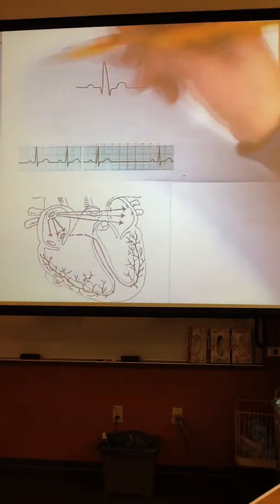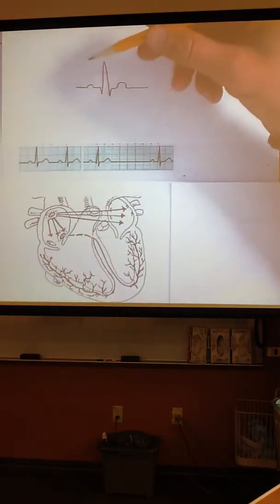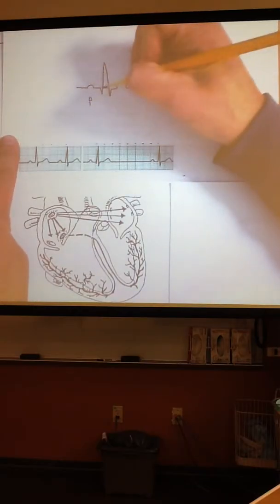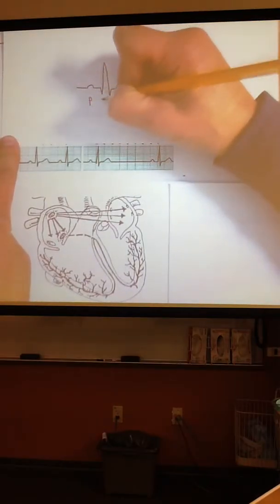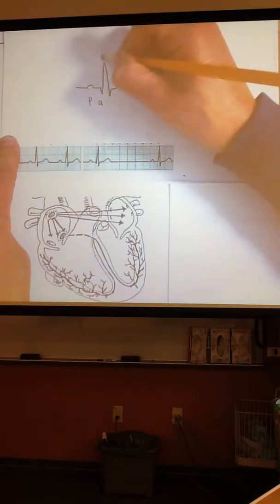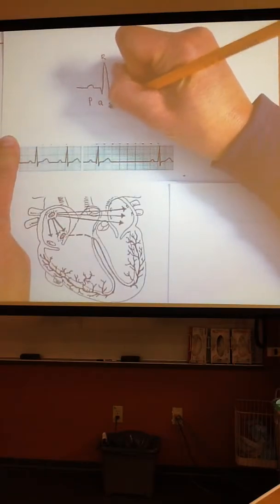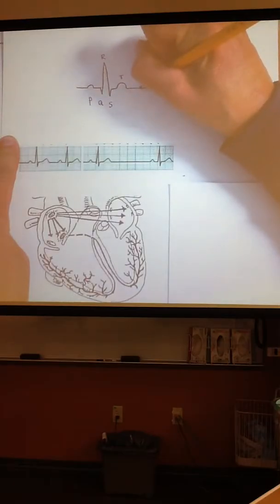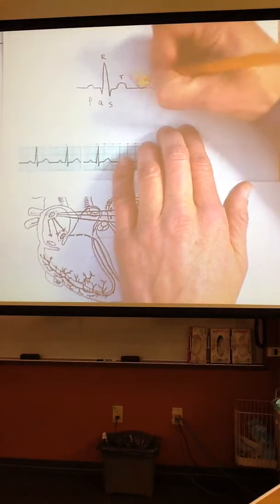So this should be, again, a review for most of you. I'm assuming you know this is the P wave, and this is the Q, R, S. This is T, and sometimes you'll get a little bump called a U wave after the T.